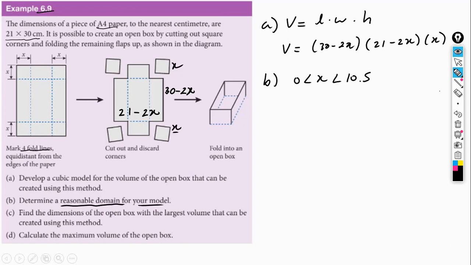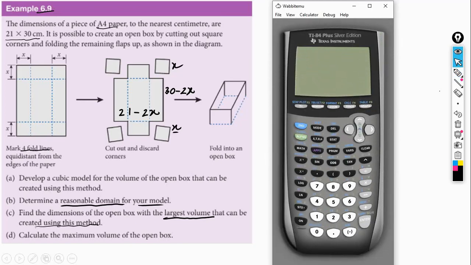For part C, it says, find the dimensions of the open box with the largest volume that can be created using this model. So for part C, we are going to use the GDC. So here we are with the GDC, and we're going to graph our cubic model. So we go to y equals, the volume is length times width times height.